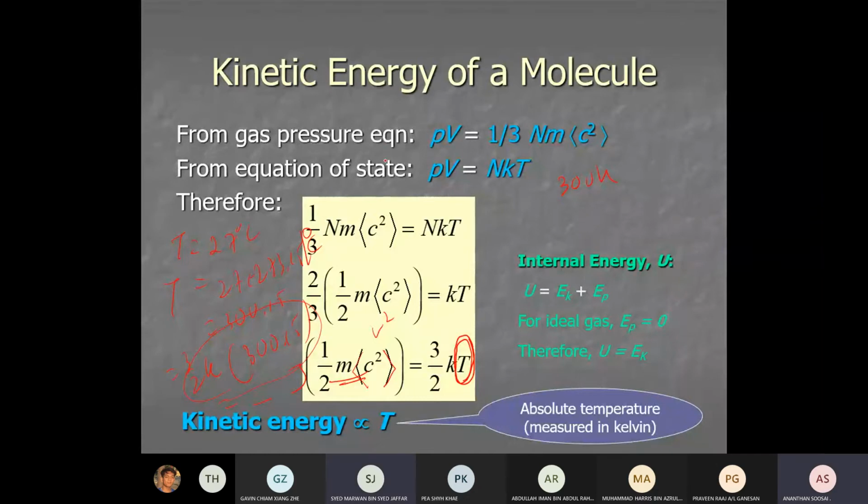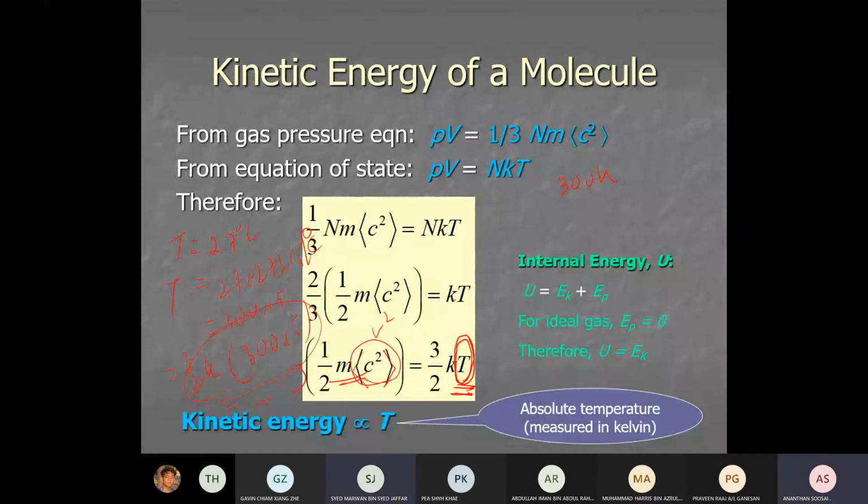Same kinetic energy. Although they have different mass, they possess the same kinetic energy as long as their temperature is the same.